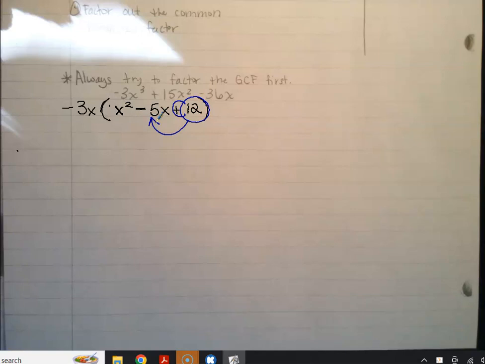So what are the factors of positive 12 that get me negative 5? Again, there's 1 and 12, there's 2 and 6, there's 3 and 4. None of those work.